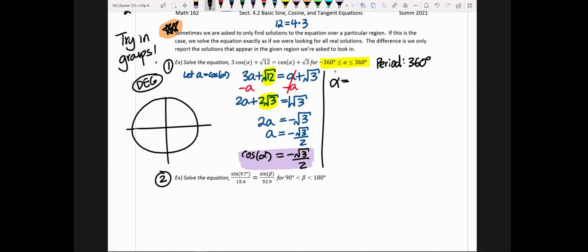Okay, so moving on to step 2. Let's bring students into the discussion. So let's hear from Juan. Juan, on our unit circle between 0 and 360 degrees, at what degree measures is cosine of alpha equal to negative root 3 over 2?